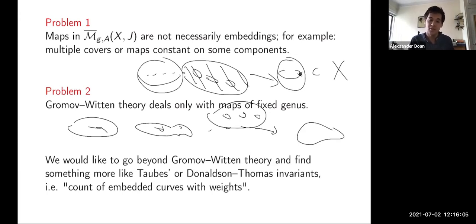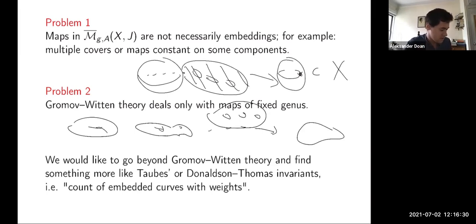So if you want to get closer to finding a symplectic analog of Donaldson-Thomas invariants, then you have to go beyond Gromov-Witten theory. You have to have a framework which allows you to treat curves of all genus on the same footing. So this is the motivation for what I'm going to talk about.